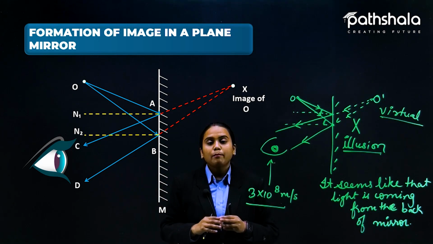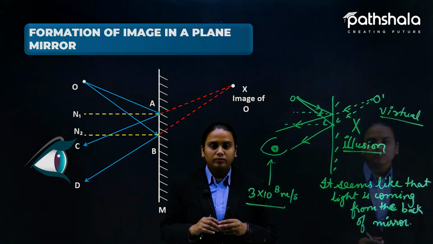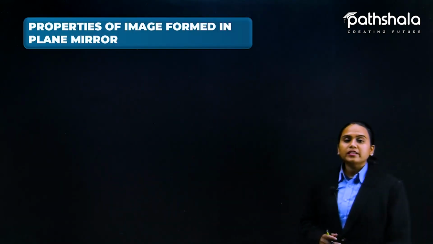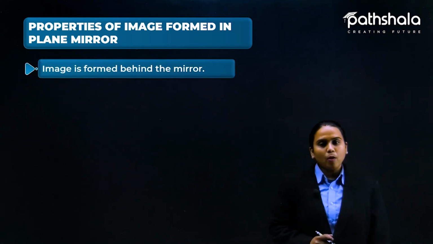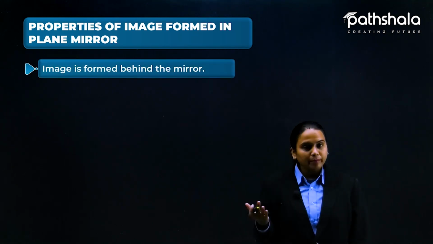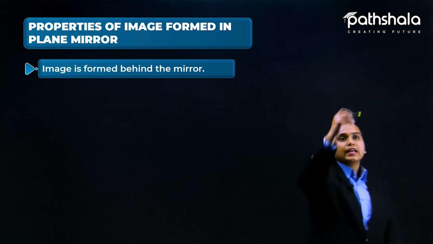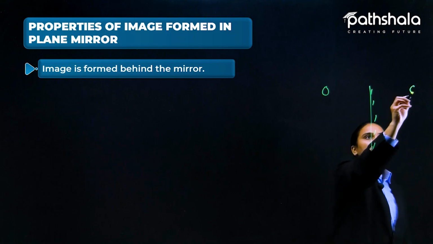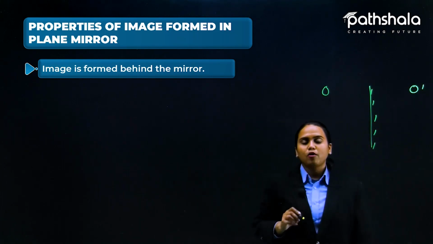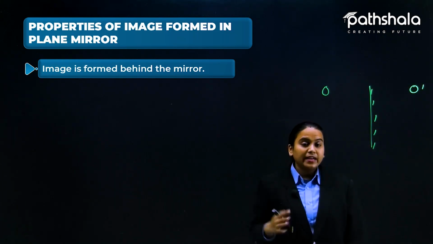Let us now see some properties of the image formed by the plane mirror. Number 1, the image is formed behind the mirror. As we have seen, our object was here and the image is formed at the back side, but it is not real.